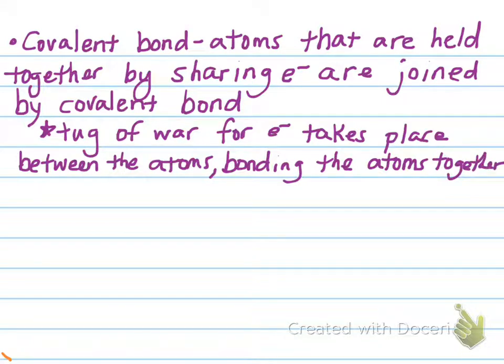So what's holding these two atoms together is the fact that they're both trying to hold on to the same electrons. And because they're both trying to hold on to those same electrons, they end up bonded together.